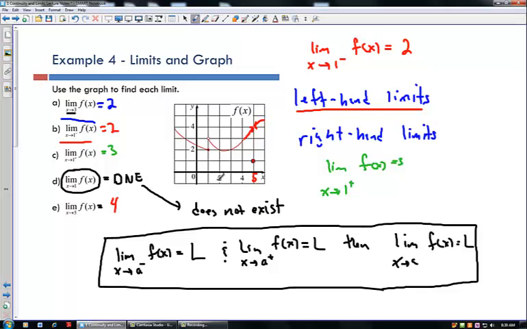I'm basically looking at the left and the right, and if those two limits agree, then I know that's the limit. If the two limits do not agree, then I know there is no limit there, that the limit does not exist.